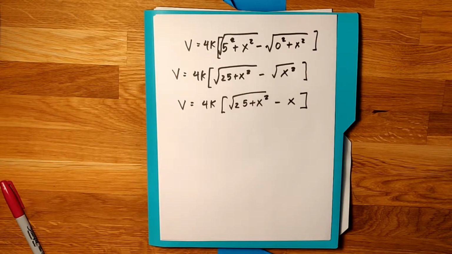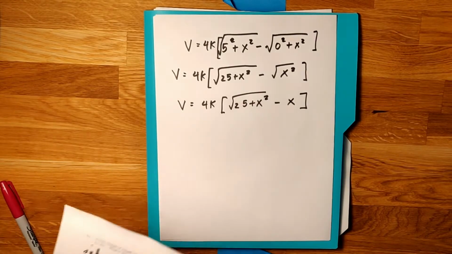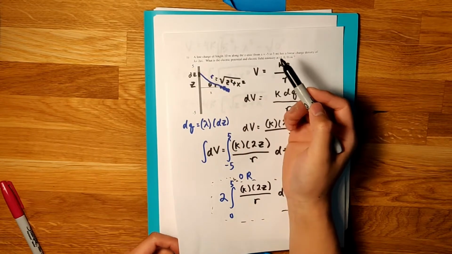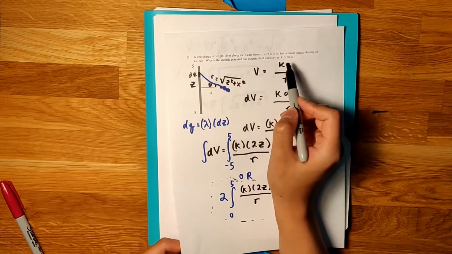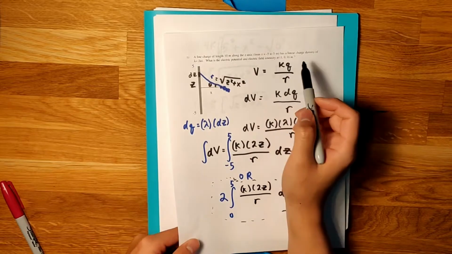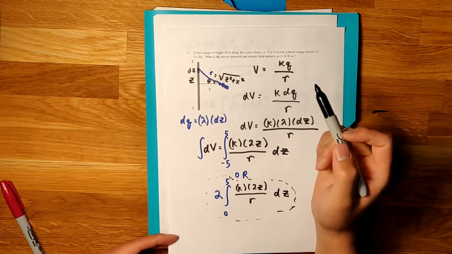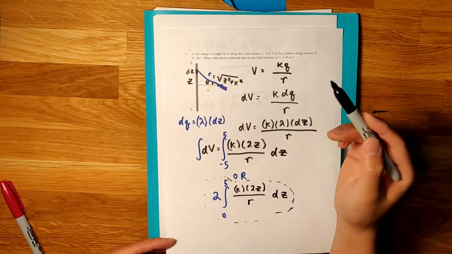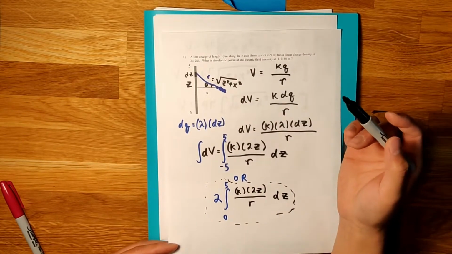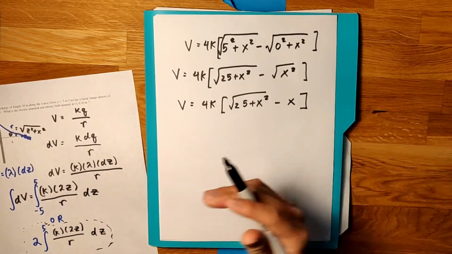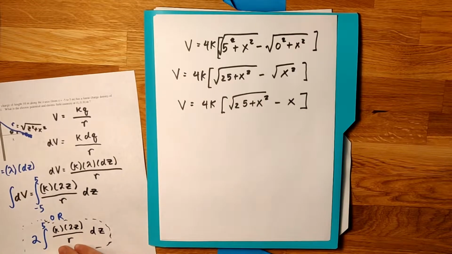So now, to do the second part of the problem, since we already have the electric potential, we need to find the electric field intensity at 100 meters. You can either use the formula for the electric field, which is just kq over r squared, or we can take the gradient of our electric potential, which will give us the electric field intensity.